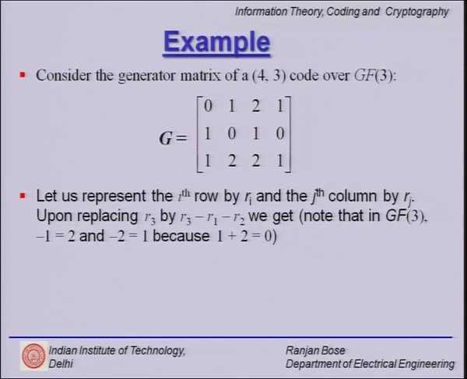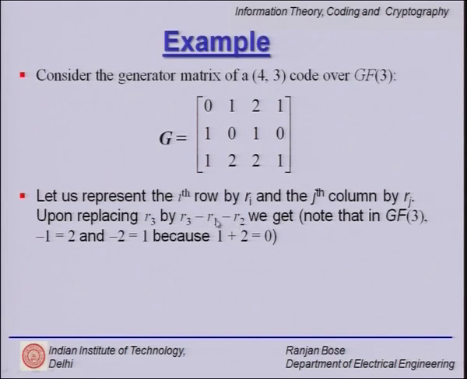Why is that? Because 1 plus 2 is 0. So, 2 is equal to minus 1, or minus 2 is equal to 1. So, either I do this statement R3 minus R1 minus R2, or I can say that R3 plus 2R1 plus 2R2.